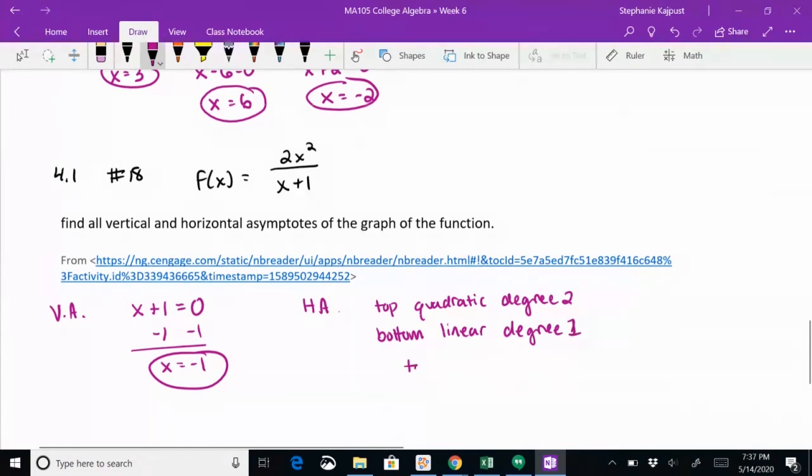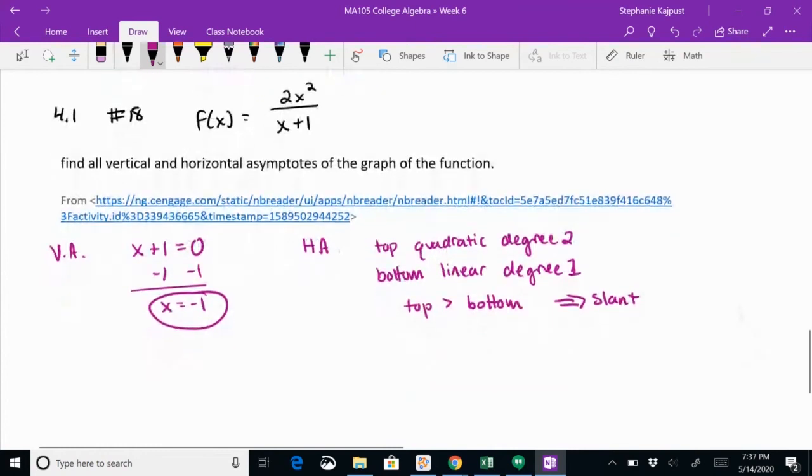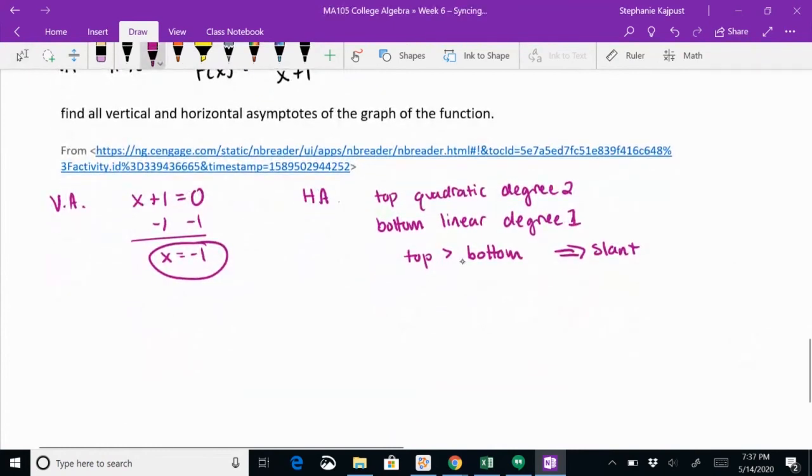When the top has a degree that's larger than the bottom, that's telling us that we have a slant asymptote. So there is no horizontal asymptote.